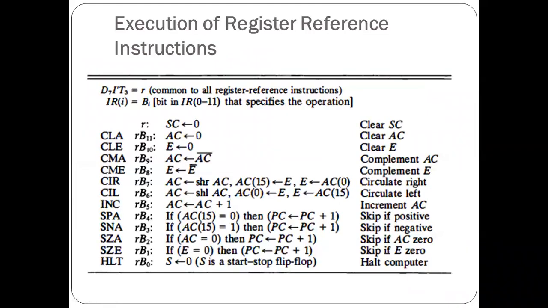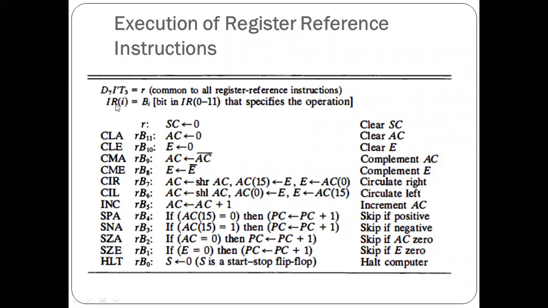After T3, the instructions are executed based on the type of instruction, maybe clear accumulator, clear E bit, complement accumulator, complement E bit. How it happens was explained here based on the opcode.